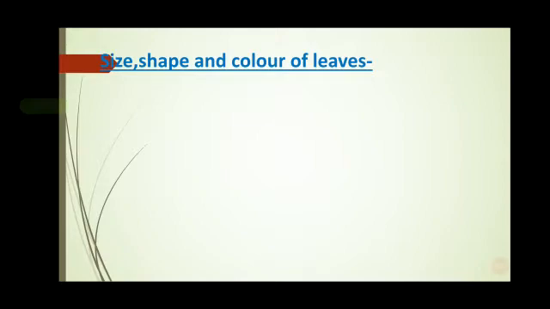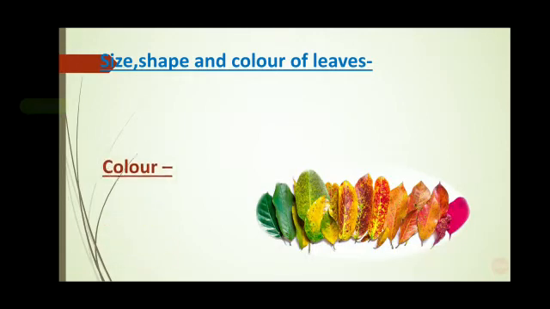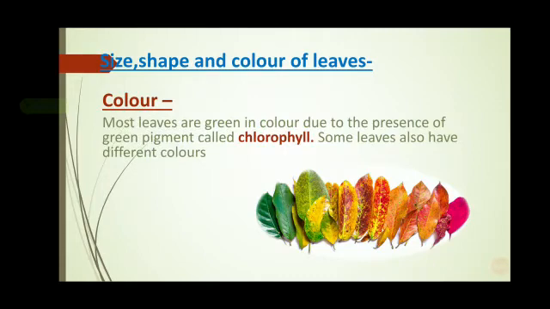So let's see. First is color. You can see in the picture that some leaves are green, some are red and some are pinkish or yellowish. So why are the leaves of different plants different colors? Most leaves are green in color due to the presence of green pigment called chlorophyll.